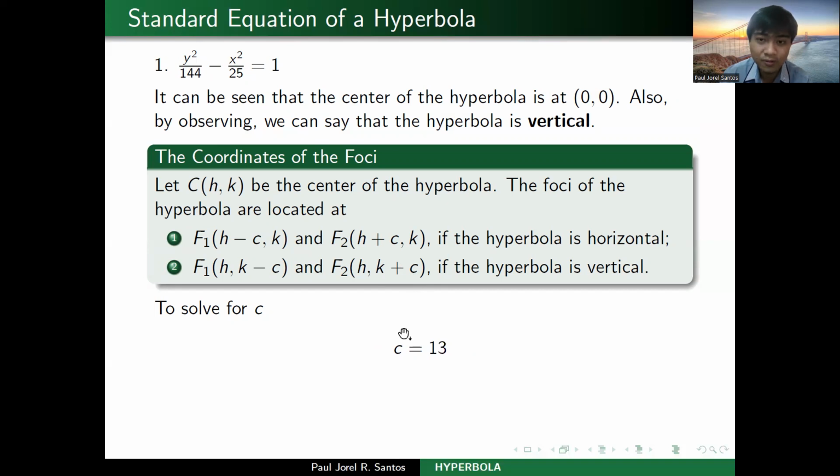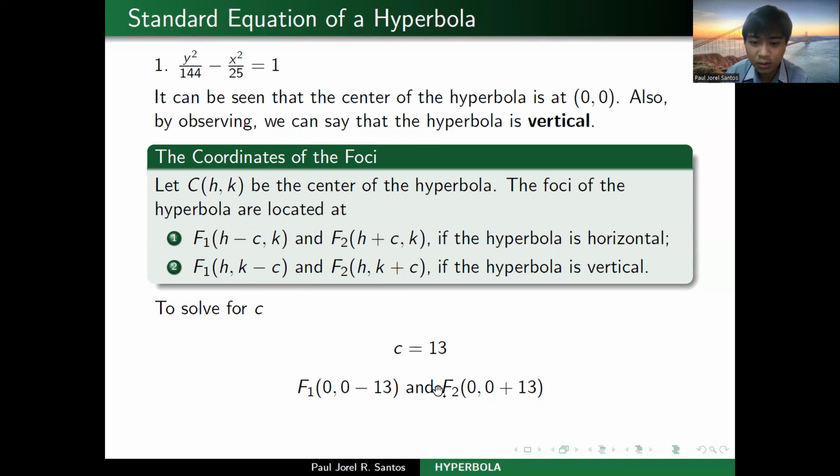So we now know the value of h, k, and c. Therefore, we can substitute those values. So h is 0, k is 0, and c is 13.